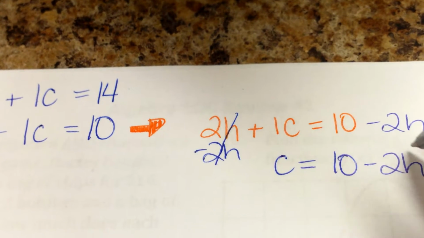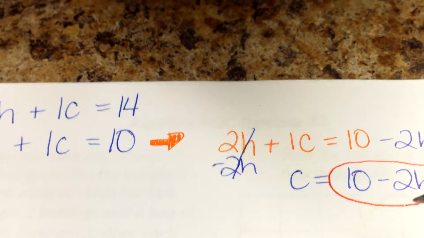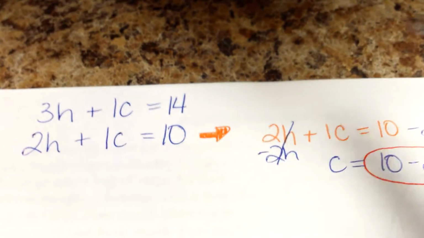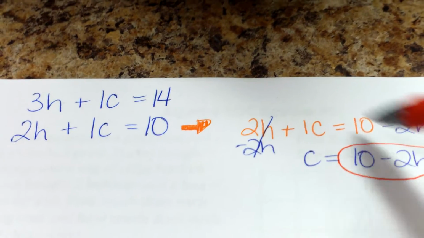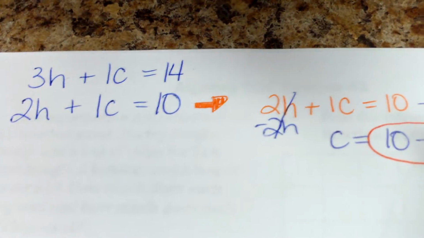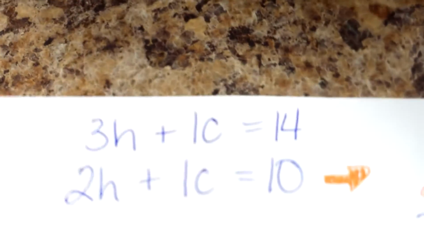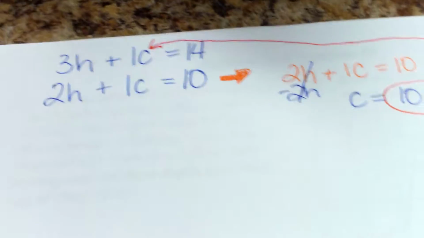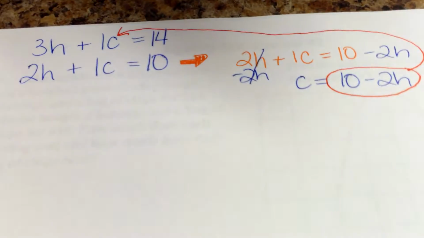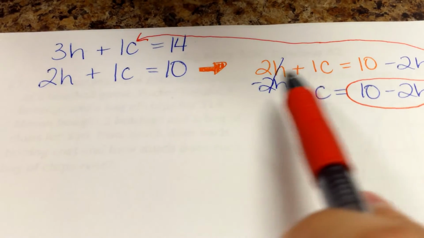So this part, the C, is going to be plugged in to the top one. Because this is the second one. So we're plugging in the second equation to the top equation. So this is going to go into place for the C for the top one. Remember, this is the second one. We just rearranged it.